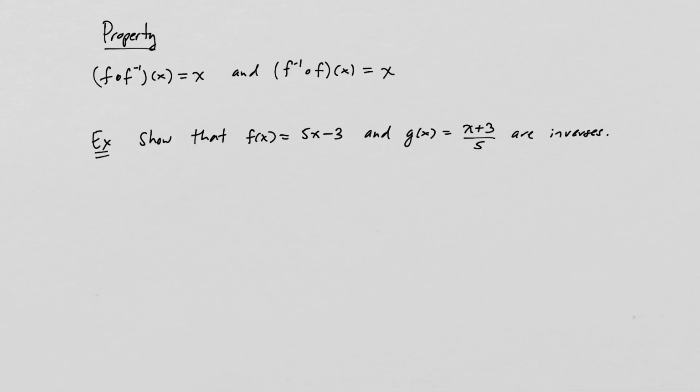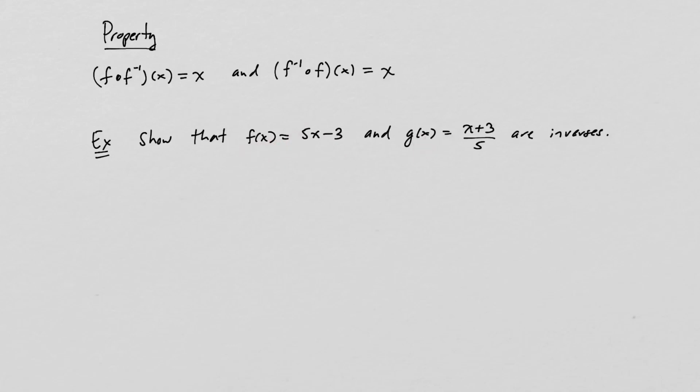One final concept here. This is a property of inverse functions. And the property says that if you have two inverse functions, f of x and f inverse of x, when you do the compositions of the two functions in either order, you should get x for both of those. Okay, so here's an example. We have a function f of x equals 5x minus 3.